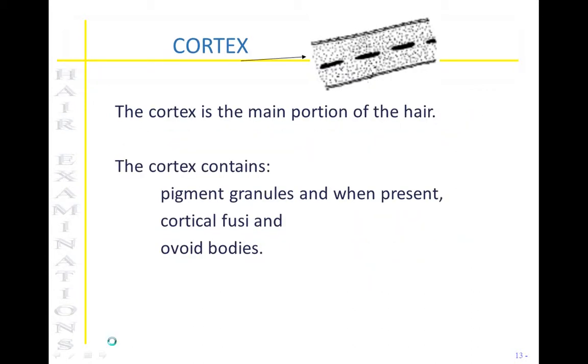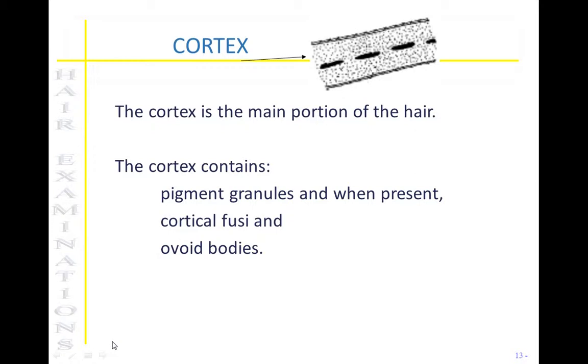The cortex is the main portion of the hair. This portion of the hair contains the pigment granules. They may either be found to be pheomelanin, which are black-brown pigments, or eumelanin, which are red-yellow pigments. And it's the combination of these pigments that give us the colors of hair that we see.